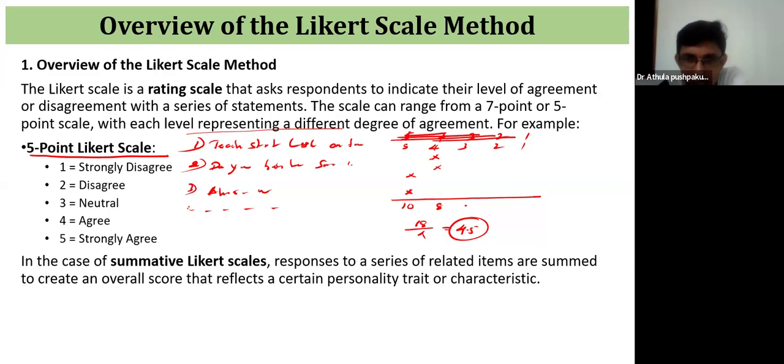Disagree means 2, 3 means there is no idea, 4, 5 means strongly agree. Normally the mean value identified in this example is 4.5. 4.5 means the teachers normally conduct their lectures on time and in an attractive way. That means their performance is high.